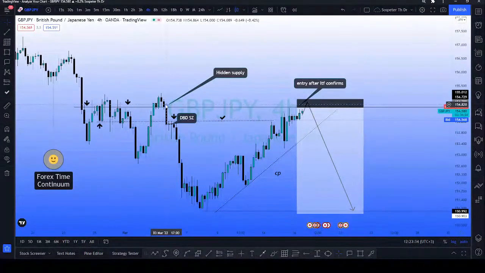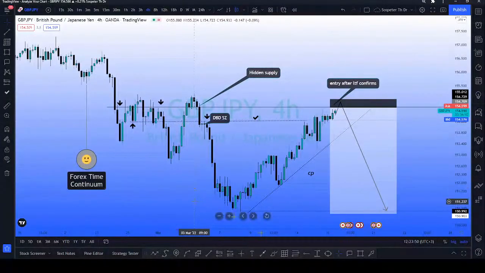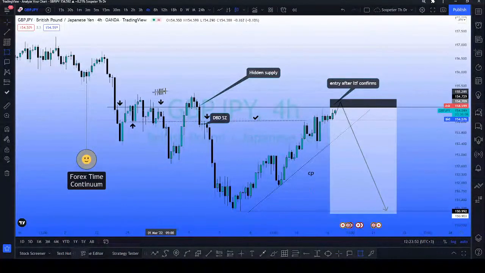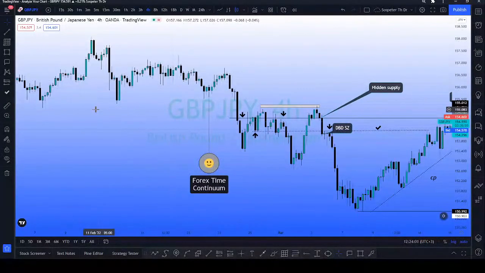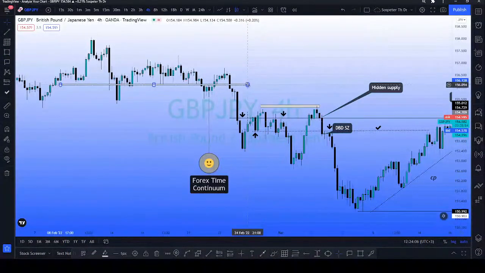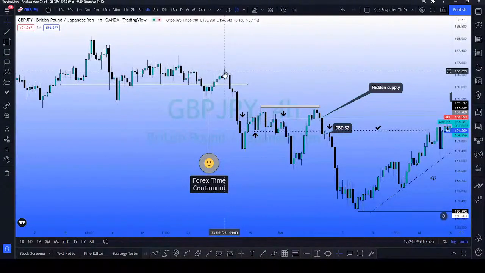Lower time frame confirmations on M5, I will update you on the time frame on our part. Especially this DJ, because if they grab these, if this zone becomes a fake out zone, definitely they will go for this zone, the supply that blocks this zone.